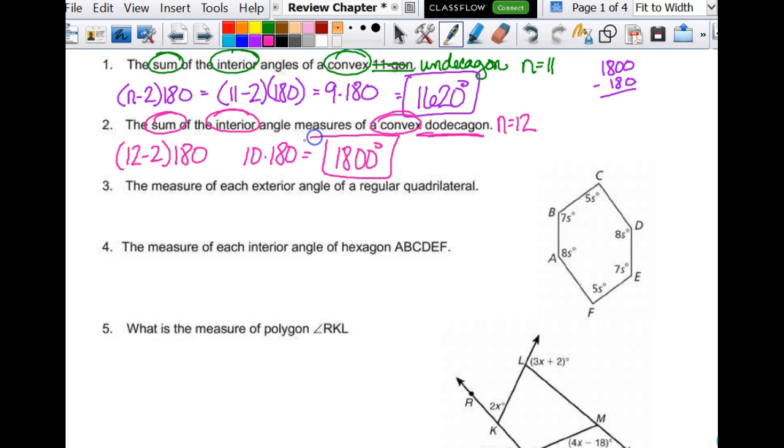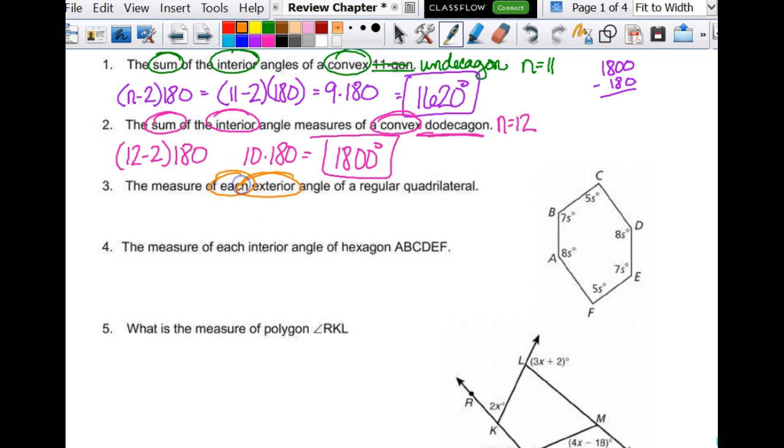And that was the sum, so I just leave it as that. Okay, so remember, if I asked for each interior angle measure of a regular dodecagon, after I found this, then I would divide by 12 to find what the measure of each one of them is, but that's not what this is asking.